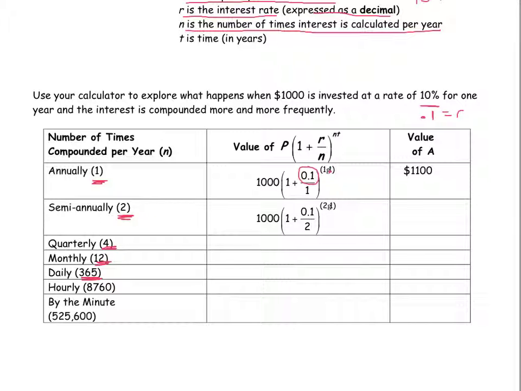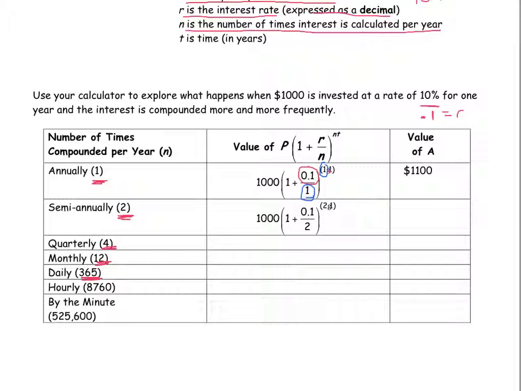Okay, and then if it's just compounded annually, that would be 1 time per year. So for N, we're going to plug in the 1 here and here. Okay, and then T, of course, is just going to stay 1. So if we plug that into our calculator, we'll see that at the end of that first year, we will have a value of $1,100.